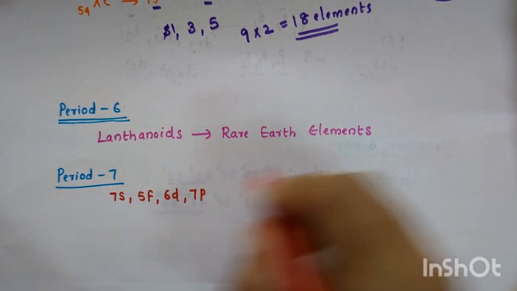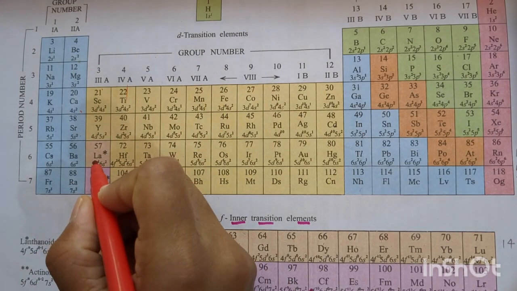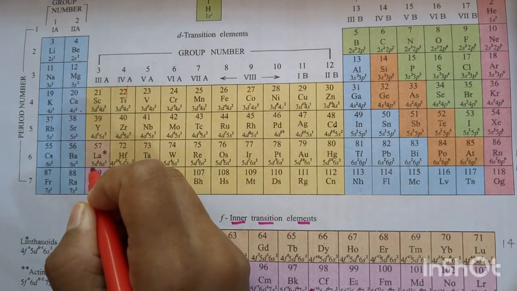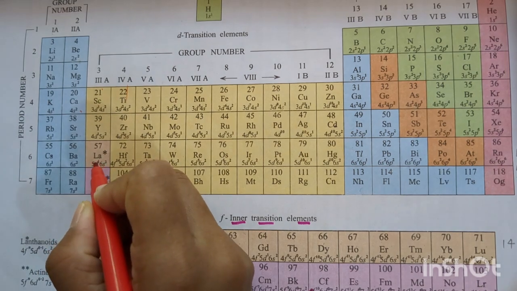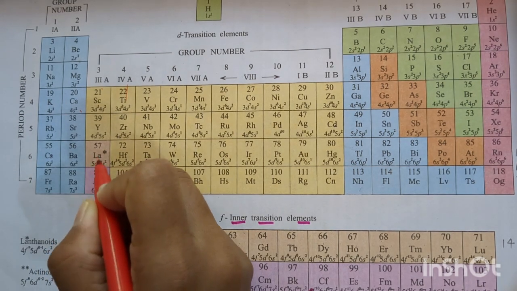Now let us see the list of elements in the 4f inner transition series. Actually, here we have lanthanum. Please excuse me for the pronunciation. There are no electrons in the 4f orbital, so 4f0.